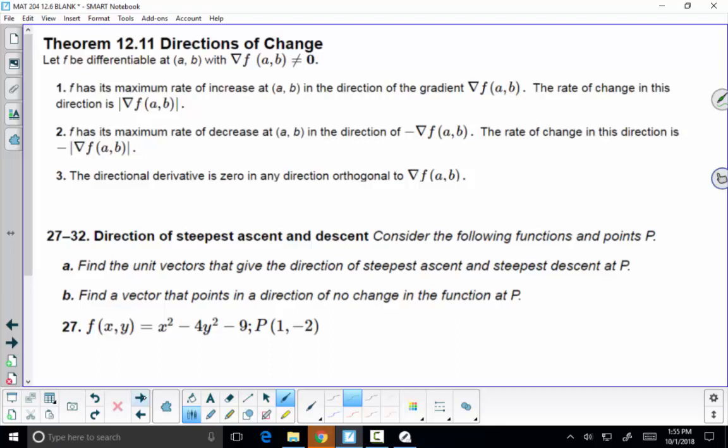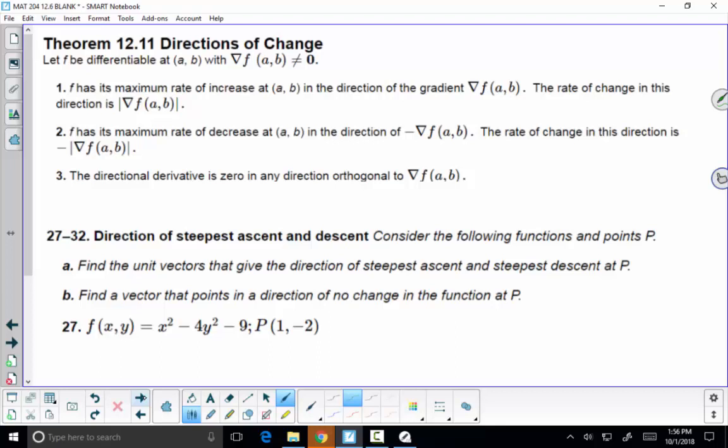Okay. Now, f is the surface, and f has its maximum rate of increase in the direction of the gradient. We will prove that that is true. The gradient is going to point in the direction of steepest ascent, the direction of maximum function increase.